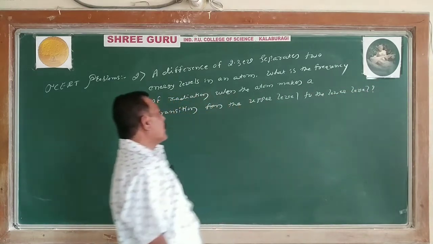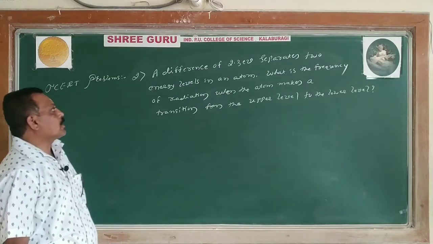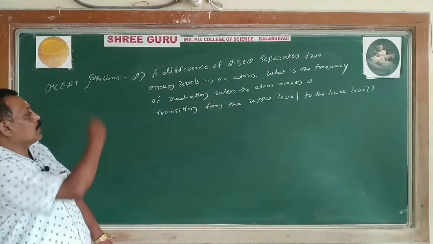When the electron jumps from higher orbit to lower orbit, it emits energy. So the energy difference between the two states is given.